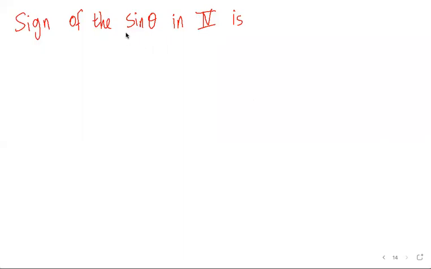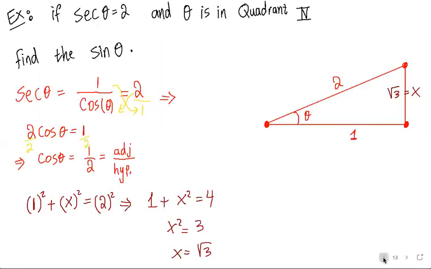The sine function in the fourth quadrant is negative. How do I know? From here.